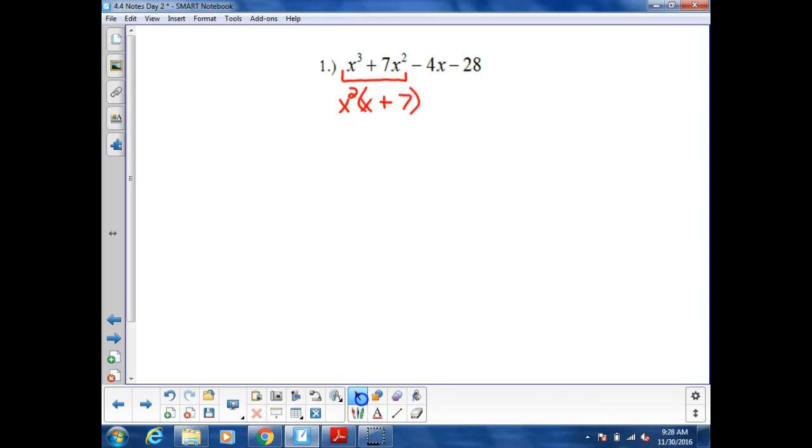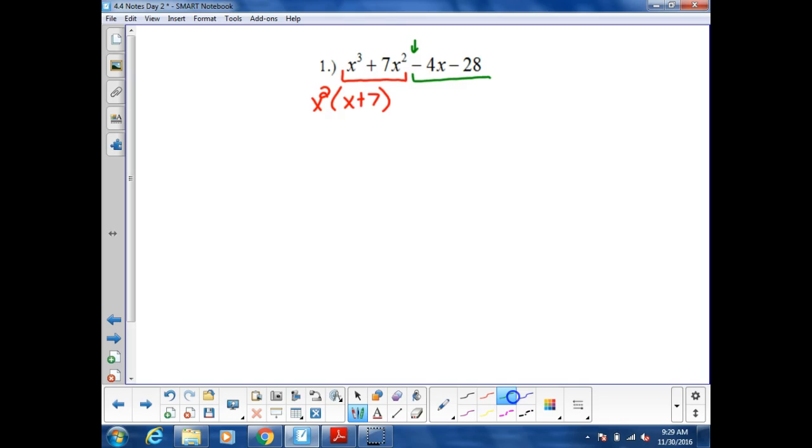Okay? Then, what was the second part of step number 1? GCF the other half, right? Okay? Now, the kicker is you're going to look at that sign right there.